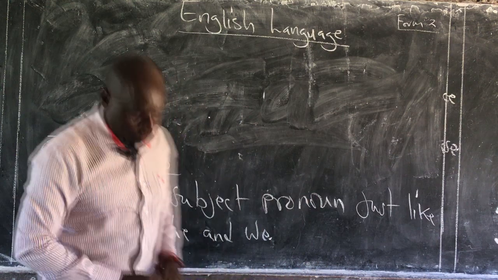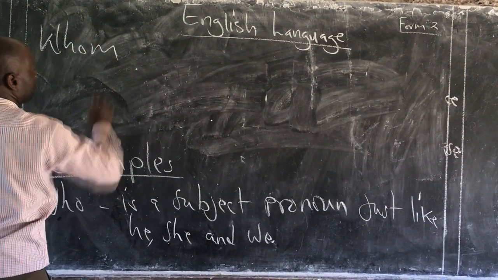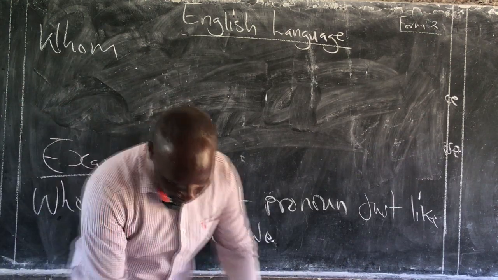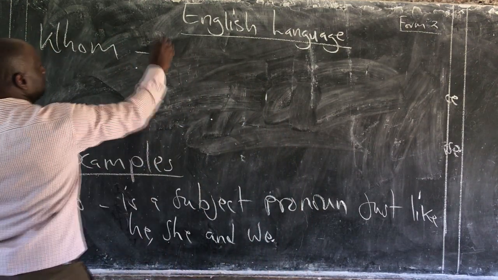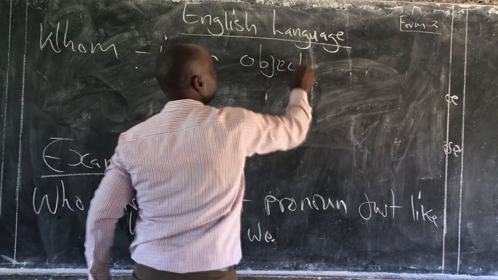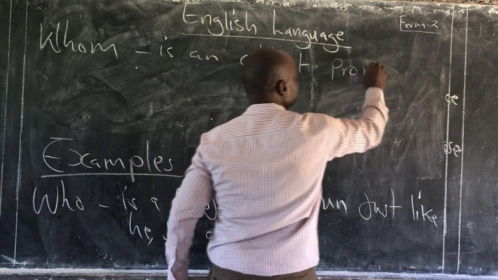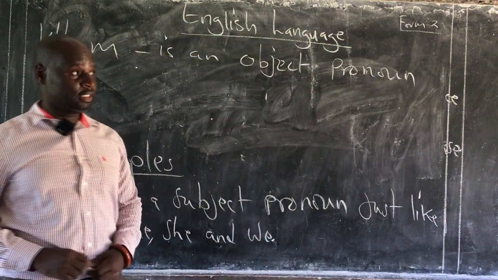Then we have whom. Whom as a relative pronoun is an object pronoun. We know what an object in a sentence is.